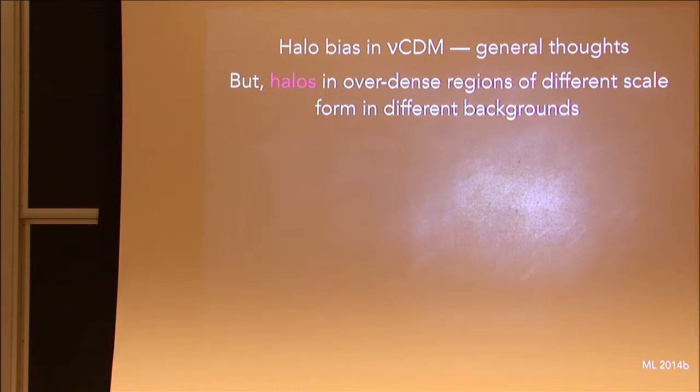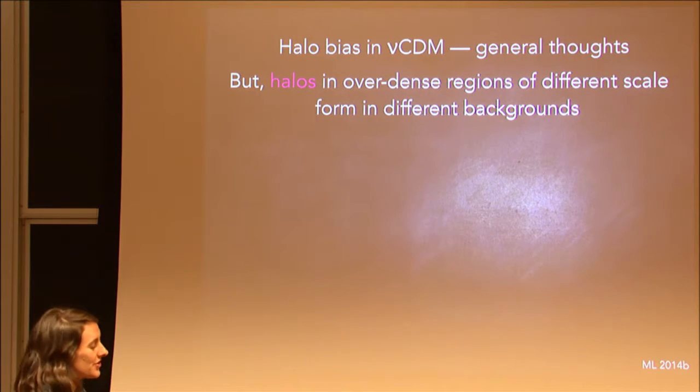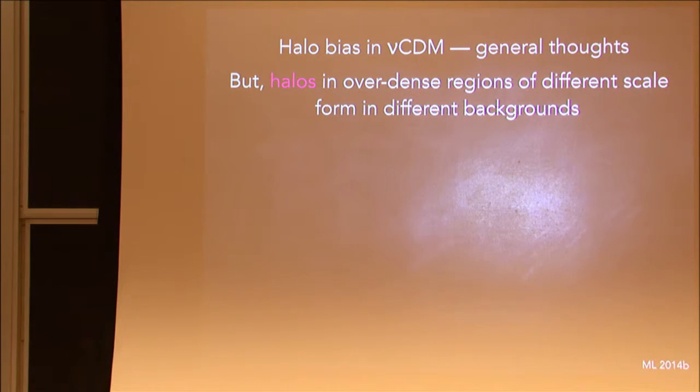Okay, so the point of that was just to say that if I want to think about halo bias, I'm going to ignore the neutrino clustering at the nonlinear level completely, and then just imagine the usual picture of cold dark matter clustering and forming a halo. But the effect of neutrinos is that the background that the halo is forming in is different depending on the scale of the region.